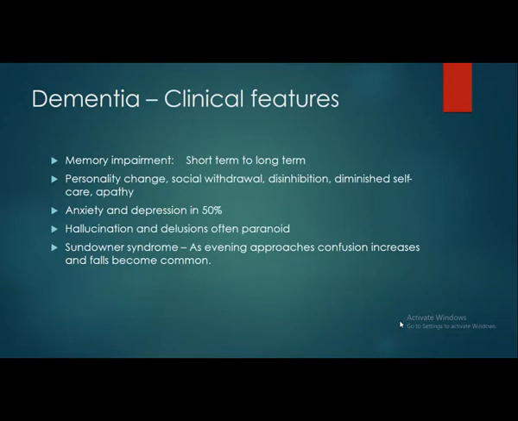The clinical features in cases of dementia, as we said: memory is the most common presentation, and in the start it is usually the short term memory that declines first, leading to long term memory loss in severe or prolonged cases. With short term memory, the patient becomes unable to say, for example, if you have given him food, he won't remember that he has taken a meal.